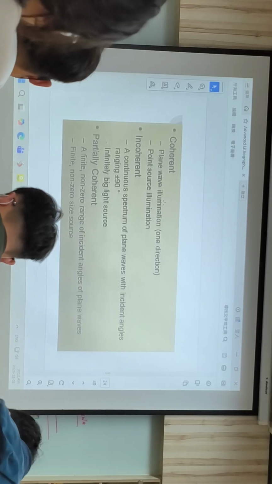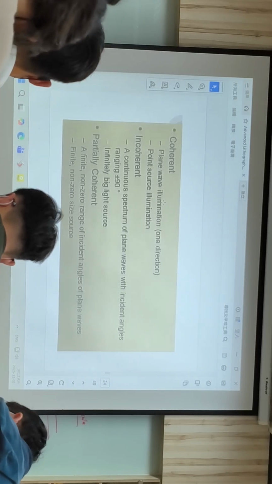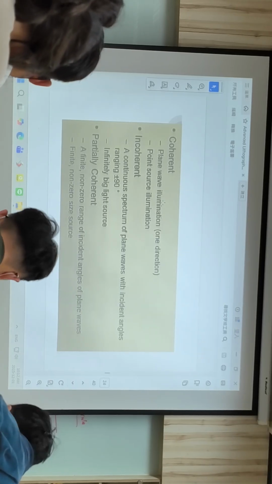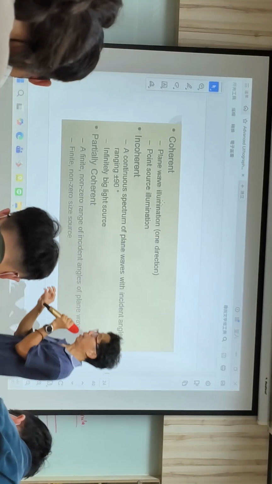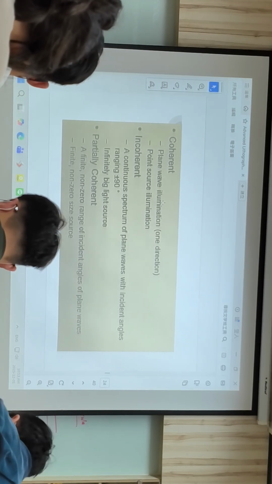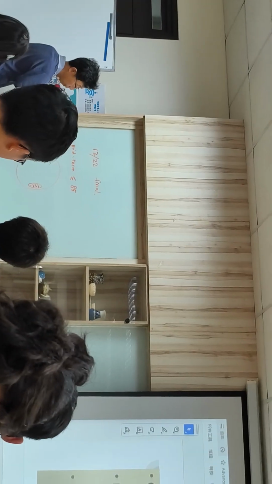So it's not practical. Somewhere in between is partial coherent. It's finite, as I show here. It's not much larger than the objective lens, right?